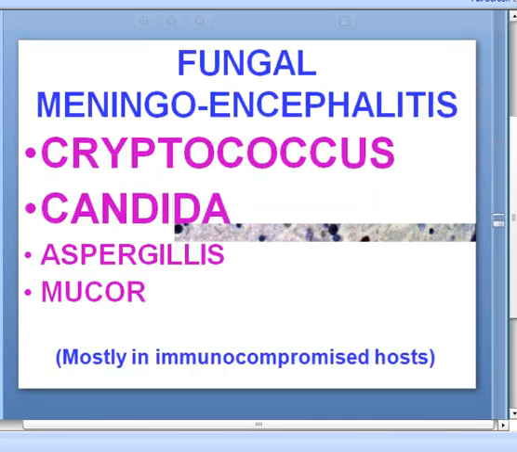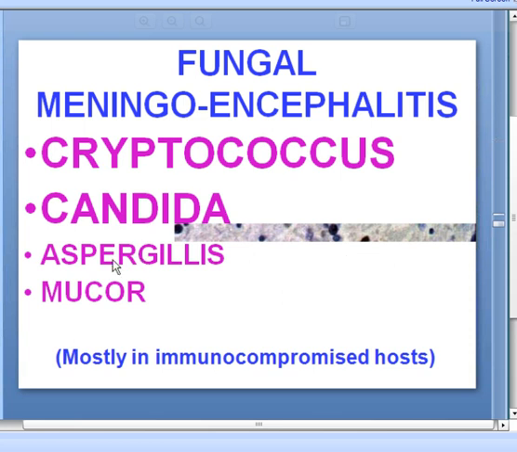Let's talk about some exotic fungal critters that can cause damage. The number one systemic fungus that causes encephalitis as well as meningitis is Cryptococcus, specifically Cryptococcus neoformans.